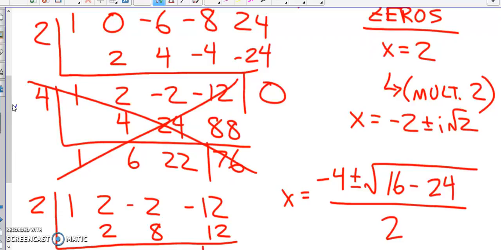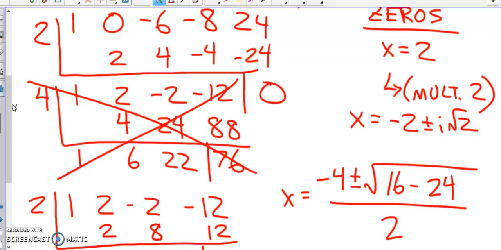Well, if you haven't figured it out by now, that's always going to be the case. Whatever the degree of the polynomial is, it's going to have that many zeros. Now, they might not all be distinct. Clearly, these weren't. But if you account for multiplicity, the number of zeros and the degree will always match.